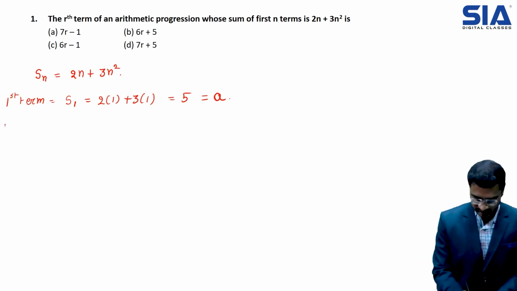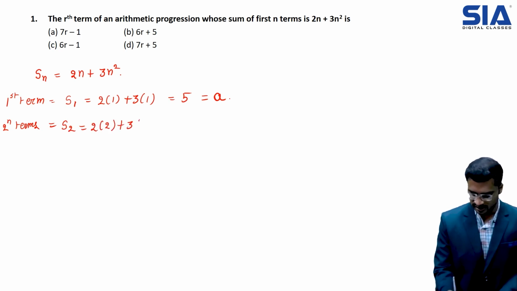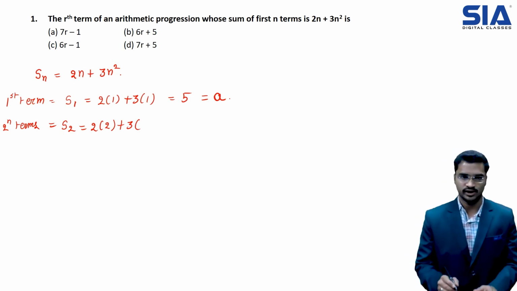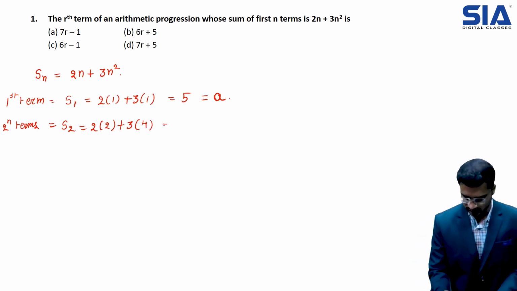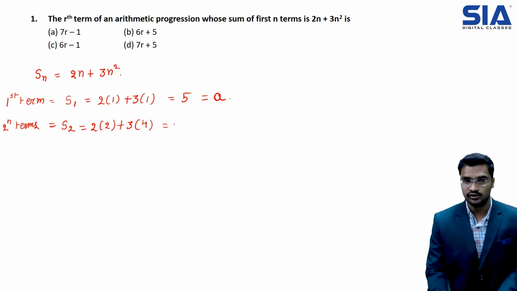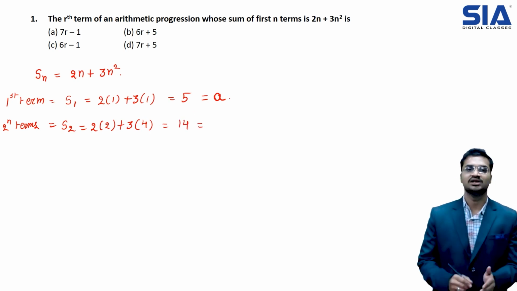Now if I take two terms, then the sum of these two terms will be what? 2 multiplied by 2 plus 3 into n square, means 2 square. 2 square is 4. 2 2s are 4, 4 3s are 12, 12 plus 2 is 14. So this is the sum of what?